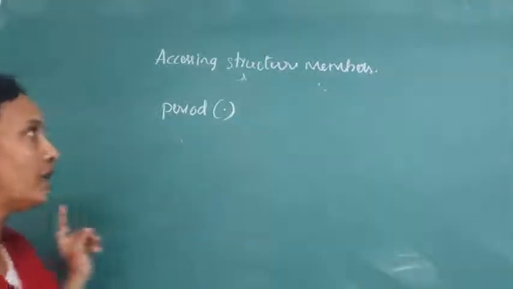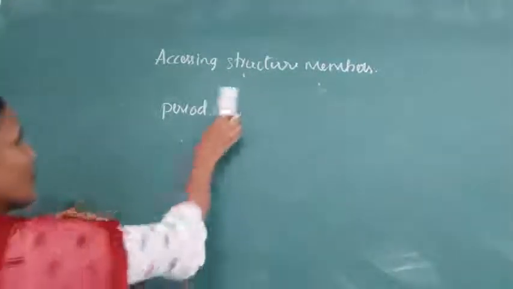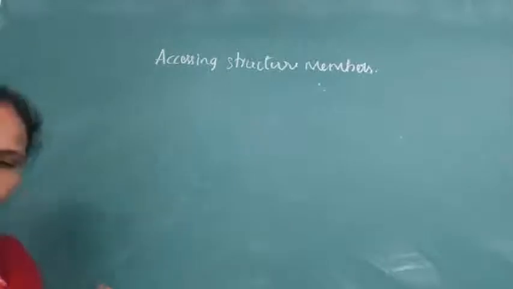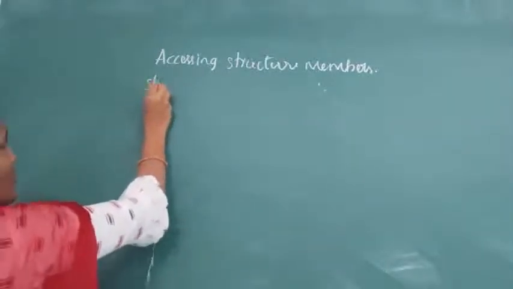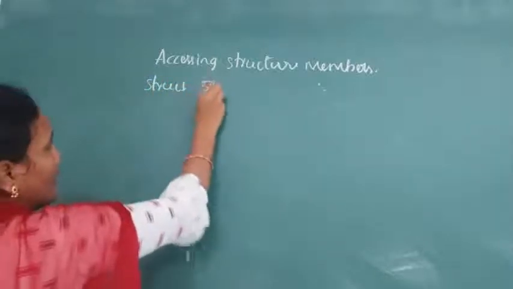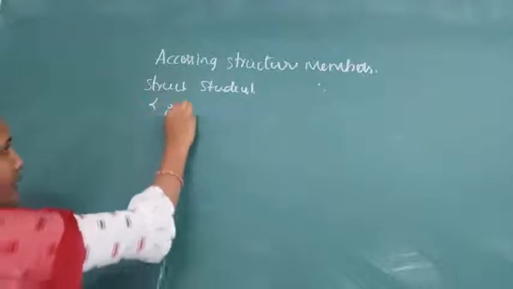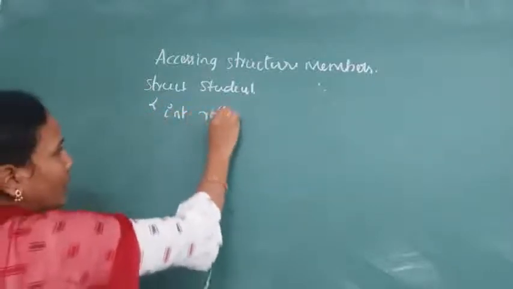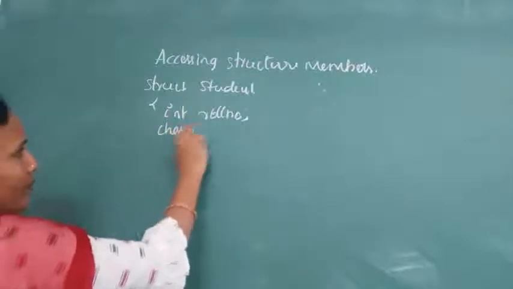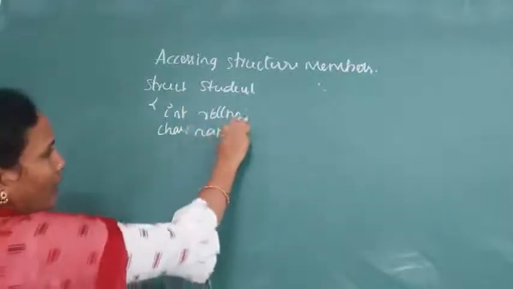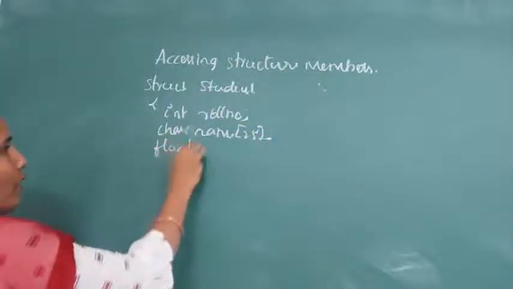Okay, see. The previous example, what was given? Here, struct student, opening brace, int roll number, next char name 25, float fee.